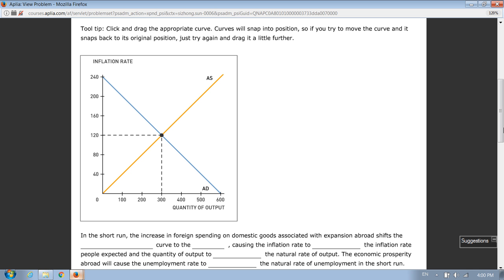So foreign buyers increase their consumption of domestic goods and services. This means exports increase, so aggregate demand increases. So the aggregate demand curve shifts to the right at every price level.